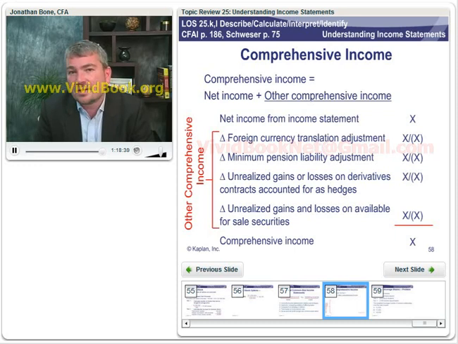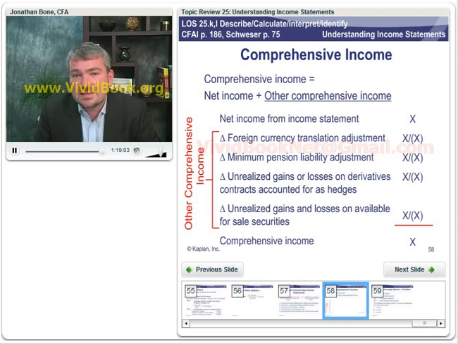And unrealized gains and losses on securities held as available for sale. Available for sale securities are the one item which we do need to understand in a little more detail, and we're going to see it in our later reading on the balance sheet. So it is the change in these items from year to year rather than the item that's sitting in your stockholders' equity. It's the change between two balance sheets.